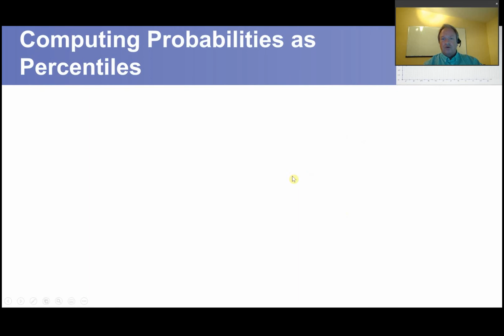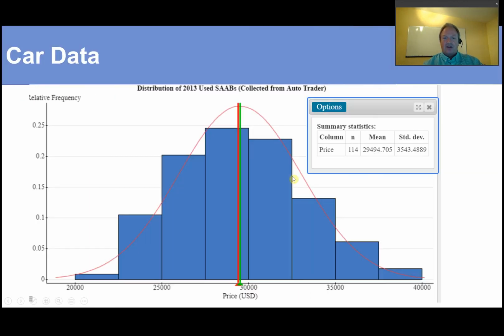And in fact, you can actually use StatCrunch to overlay the best fit normal distribution. And you can see it's not too bad. So let's do some calculations with this distribution, assuming the mean is roughly 29,500 and the standard deviation is roughly 3,500. Let's assume that this data estimates this curve well enough that these are the values for the actual population.